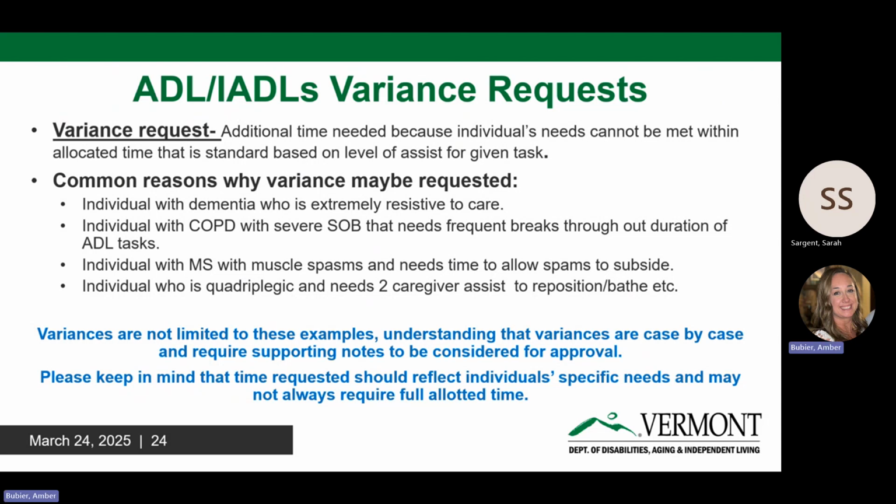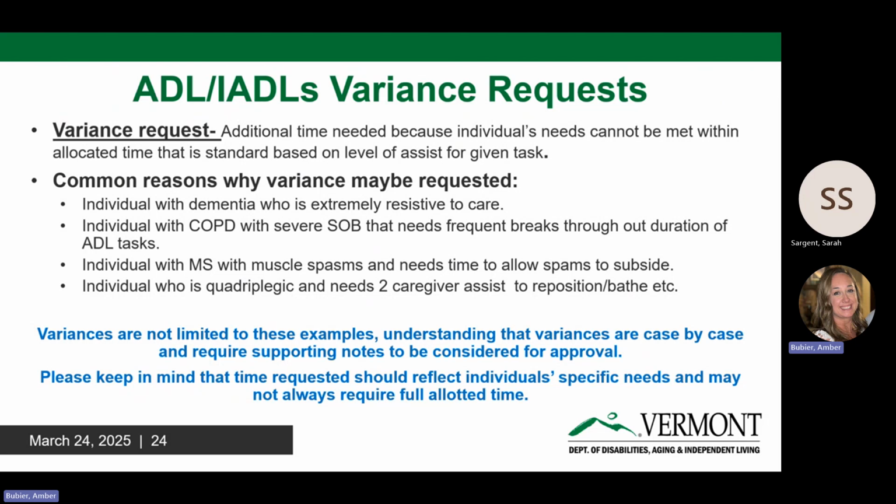Now, again, this is specific to home-based and Flex Choice individuals. This is not applicable to the adult family care home service plans. So a variance request is additional time needed because an individual's needs cannot be met within the allocated time that is standard based on the level of assist for a given task.